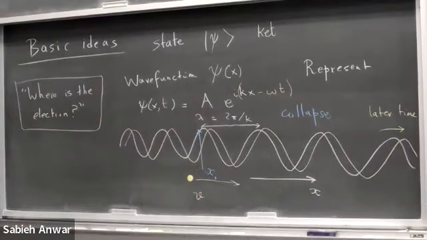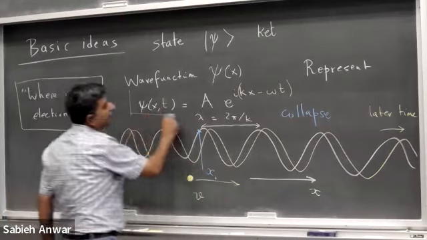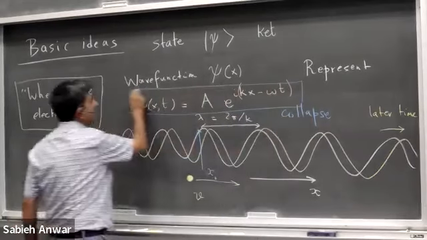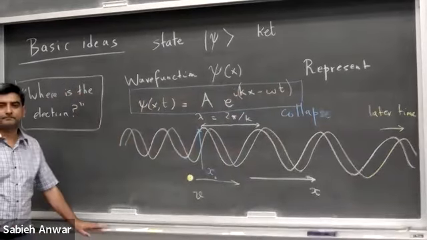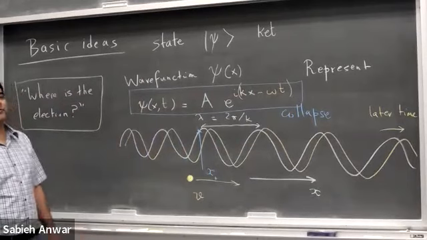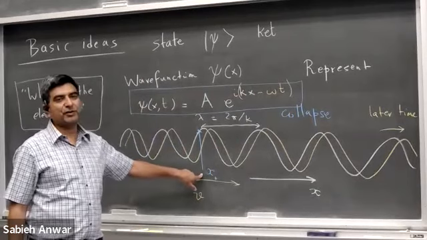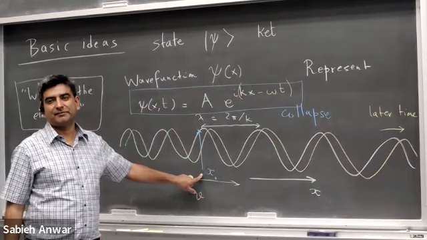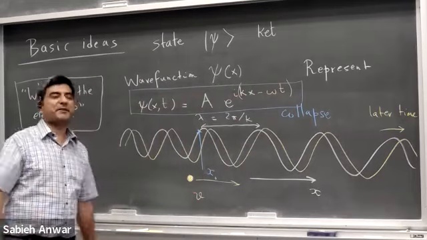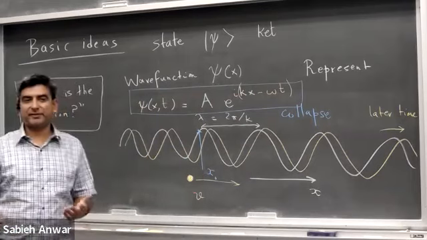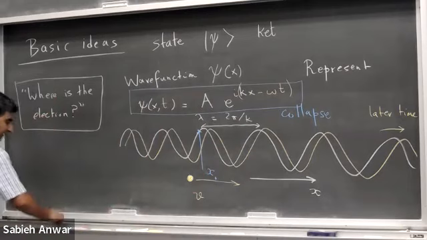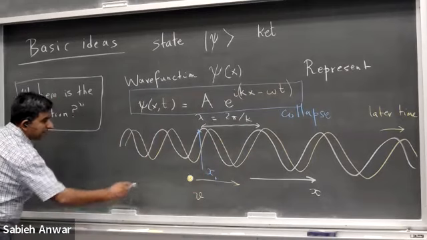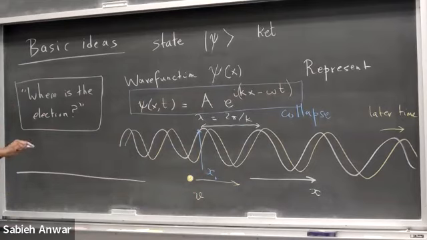So before you have made a measurement, this is your wave function. And after you've made a measurement, suppose you get x naught as your answer. After you've made a measurement, the wave function is totally different. The wave function is now the new wave function post measurement.